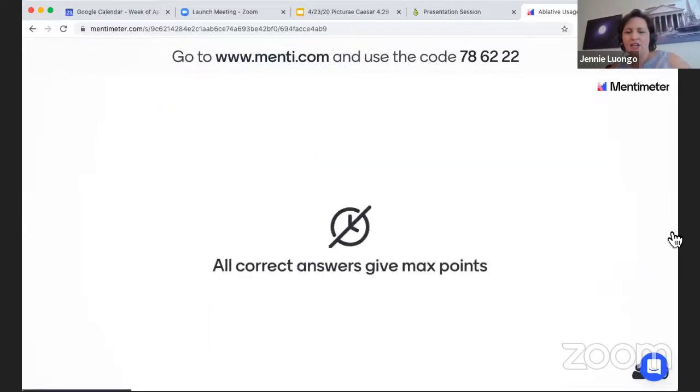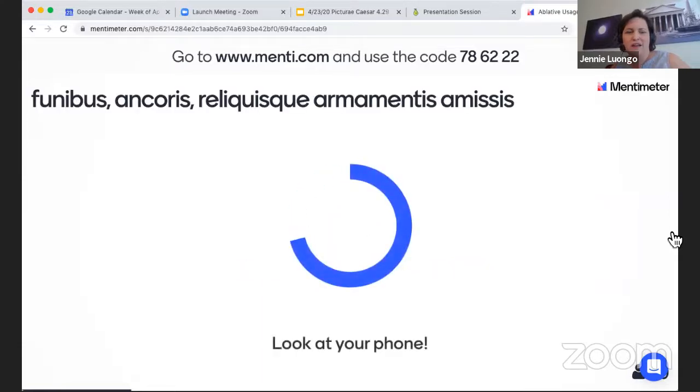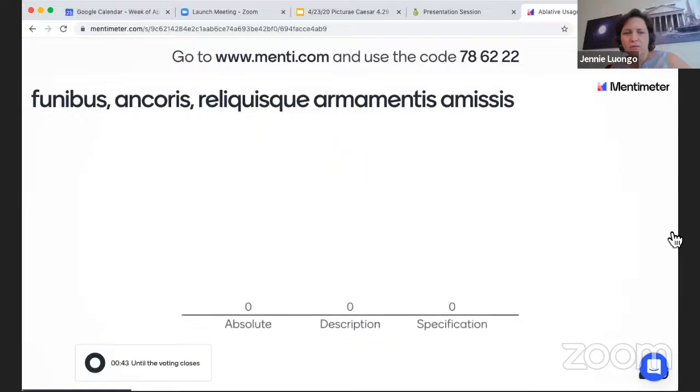So let's take a look at this next one, looking at what use of the ablative this would be. So funibus ancoris reliquis amissis. All right, so what would this be? Absolute, description, or specification? This is kind of a crazy one, because there are 5 ablative words all in a row.